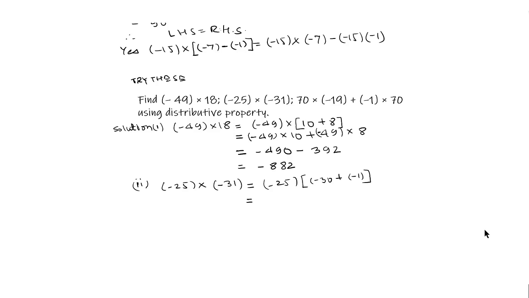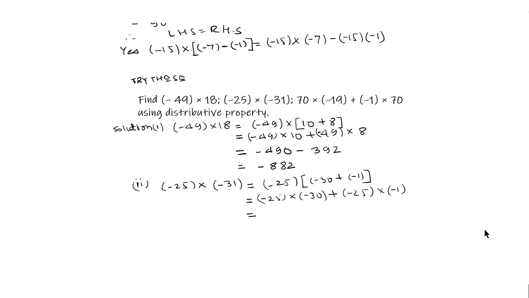So this gives us minus 25 multiplied by minus 30 plus minus 25 multiplied by minus 1.